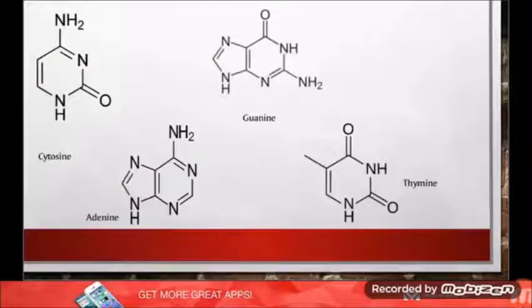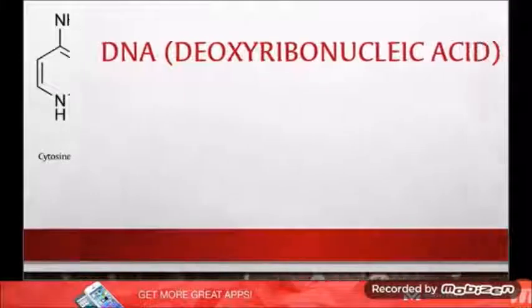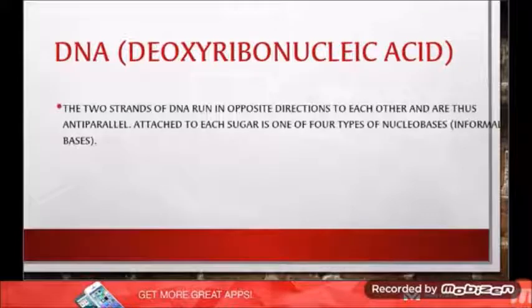Alright, so these are the structures of the nucleotides that I have mentioned before. As you can see, all of them have nitrogen-containing nucleobases. The two strands of DNA run in opposite directions to each other and are thus anti-parallel.